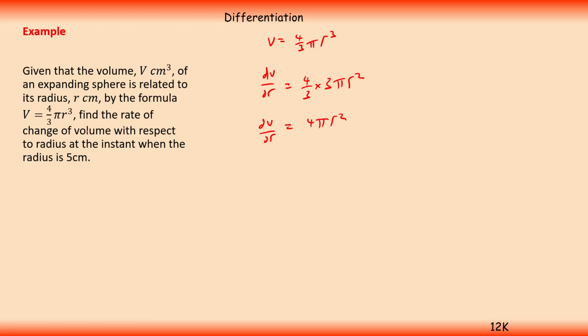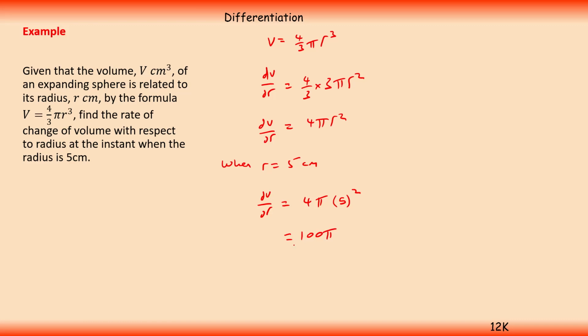I'm going to find the rate of change of the volume with respect to radius when the radius is 5. So when r is equal to 5 centimeters, dV over dr is equal to 4 pi times 5 squared. That's going to be 25 times 4, it's 100 pi.